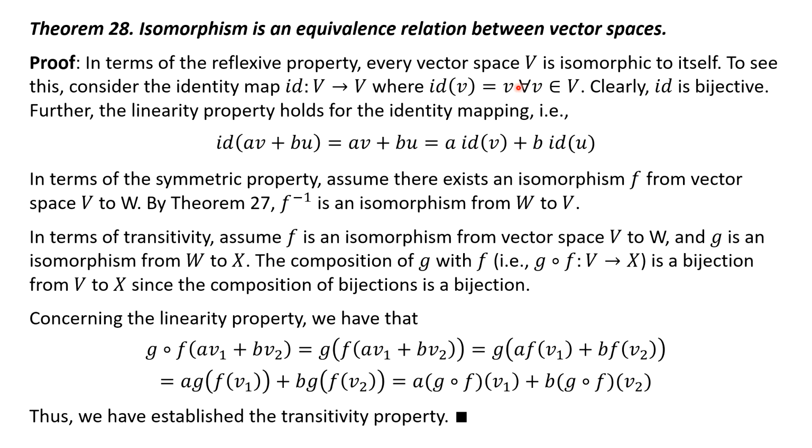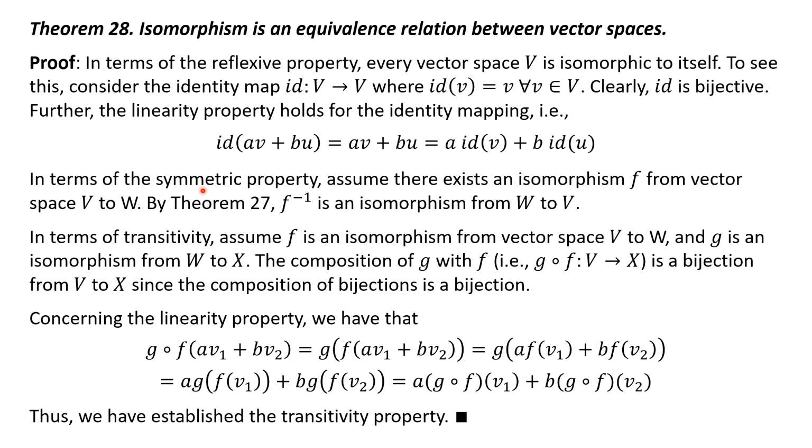This upside down A means for every. So clearly the identity mapping is bijective, and it also has the linearity property, because the identity mapping of a v plus b u, where a and b are scalars, is just mapped to itself, and that is the same as a times the identity mapping of v plus b times the identity mapping of u, and so we have the linearity property here.